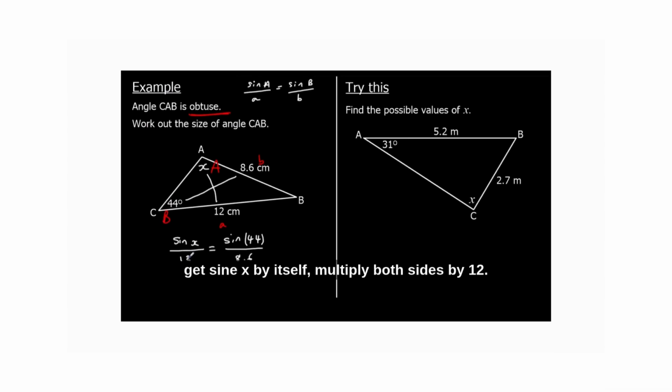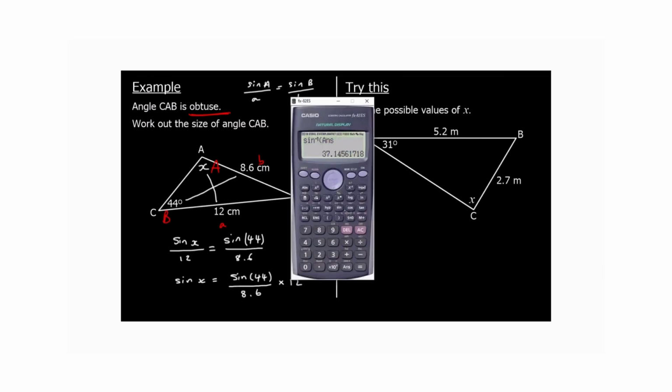To get sine x by itself, multiply both sides by 12. So sine x is sine 44 over 8.6 times 12. So let's type that into the calculator.